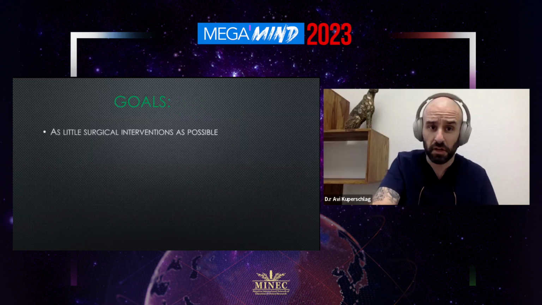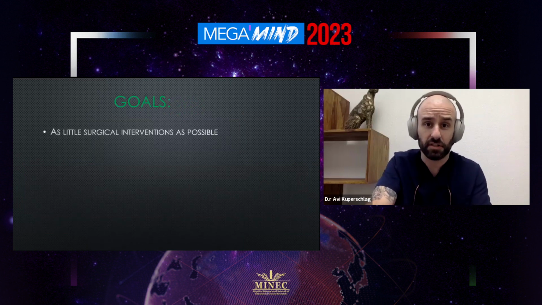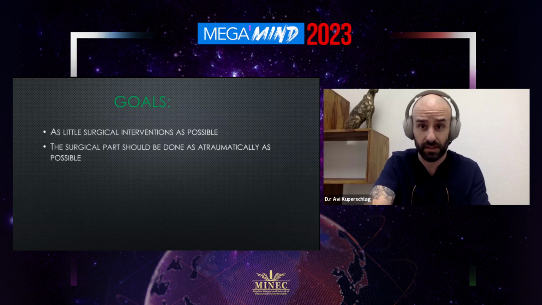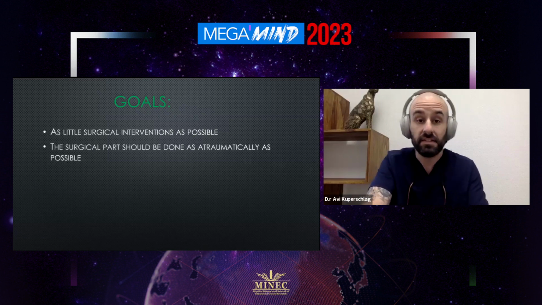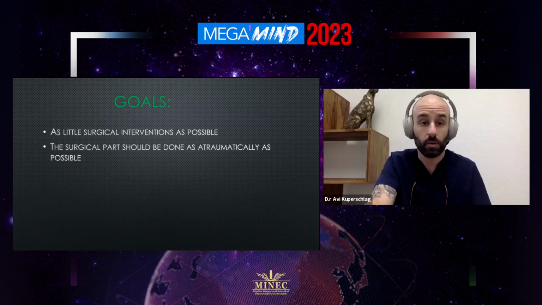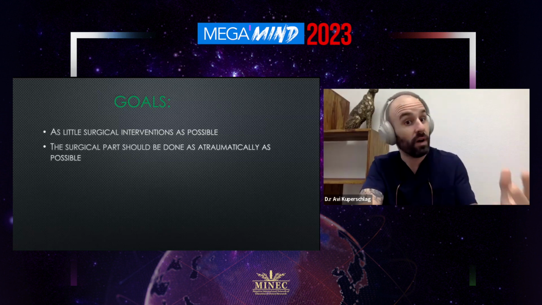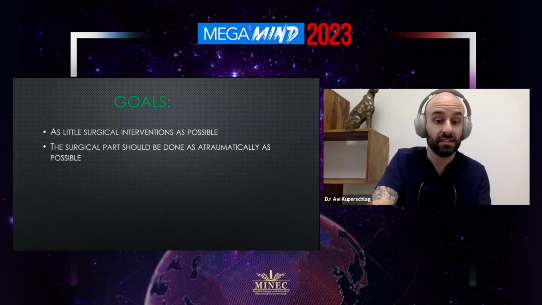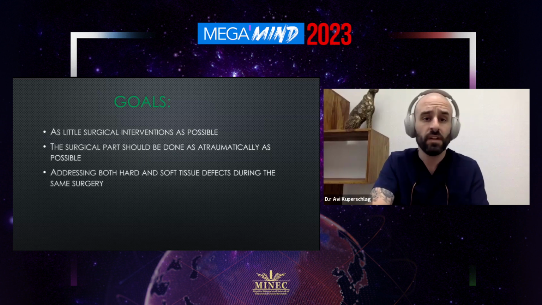Now let's talk a little bit about our goal. As little surgical intervention as possible. The surgical part must be done as atraumatically as possible. We like to talk about atraumatic surgery. What does that mean? We will discuss it in a minute or so.